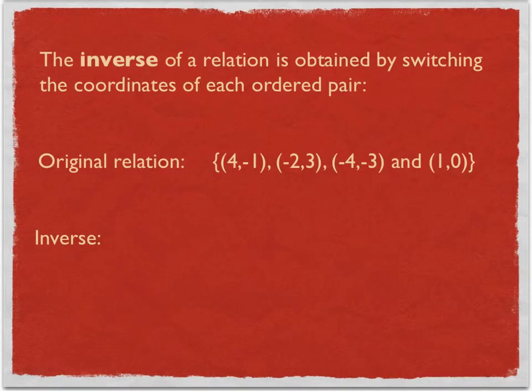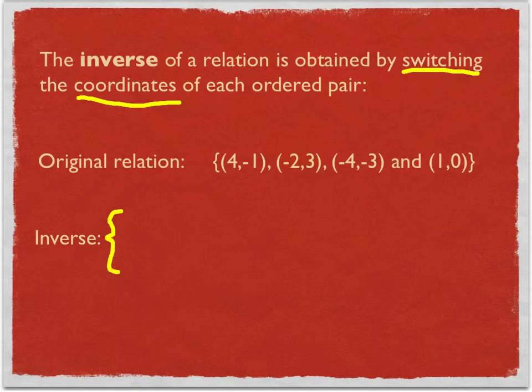And our last idea here is something called the inverse of a relation. The inverse. You might recall that we did some inverse stuff when we were doing variations, and here it's about the same, not even that difficult though. If we have our original relation that we saw before, all we have to do for the inverse is switch the coordinates. So in other words, all the x's become y's and the y's become x's.